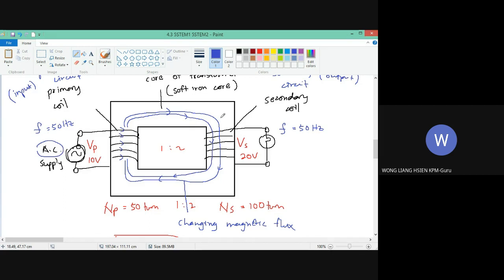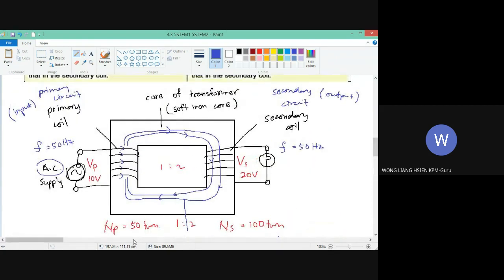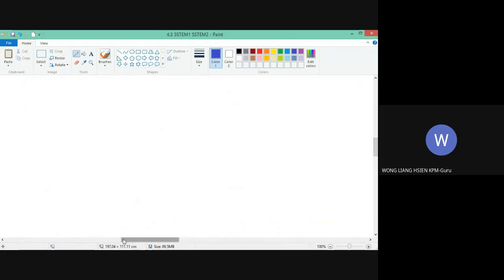So the iron core itself changes into a piece of magnet. Basically it is like this.